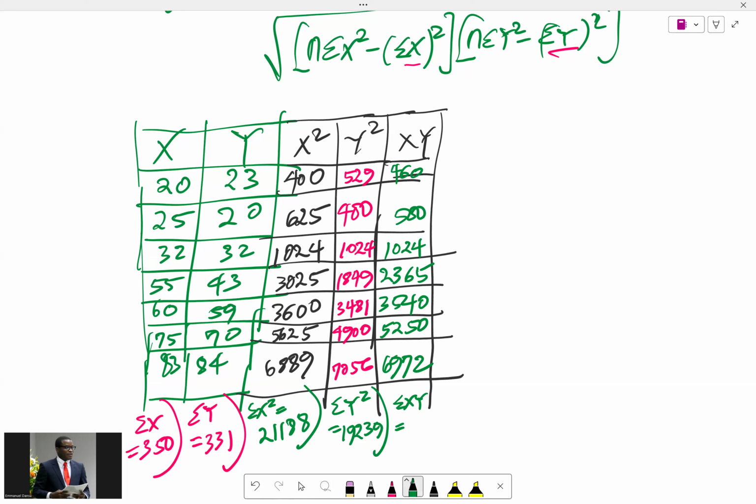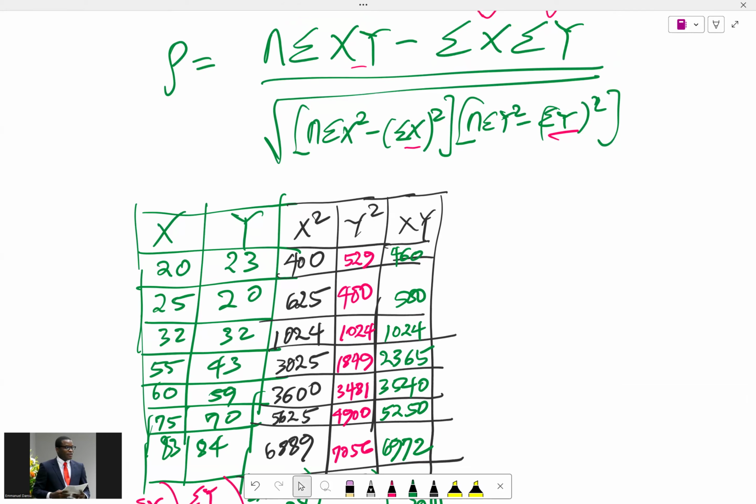So let's check again: 460 plus 500 plus 1024 plus 2365 plus 3540 plus 5250 plus 6972. That is 20,011. I mean 20,111. All right, so we have everything together.